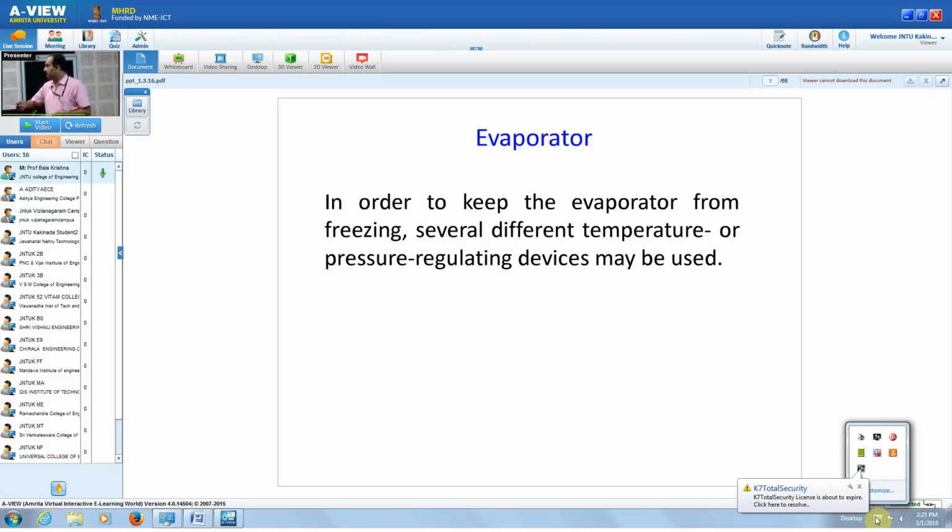We need 21 degrees centigrade maybe for 100 persons, and suddenly some 50% are gone. But you have to decrease the load. If it is automatic, like your expansion valve is there, the temperature will be sensed and then a signal sent to the expansion valve. If it is not there, then what happens?